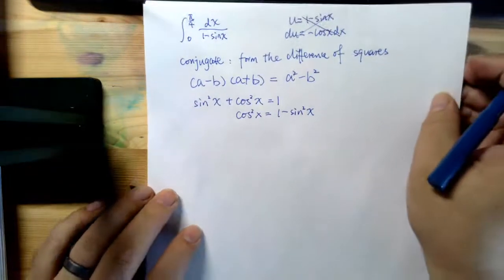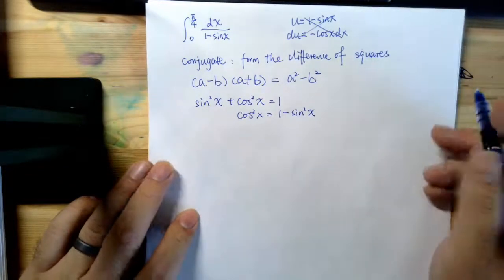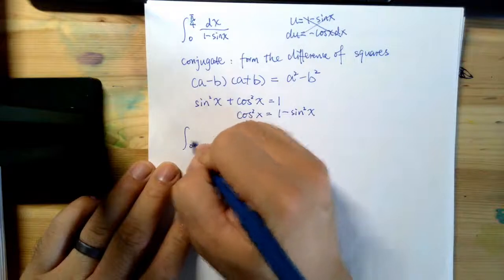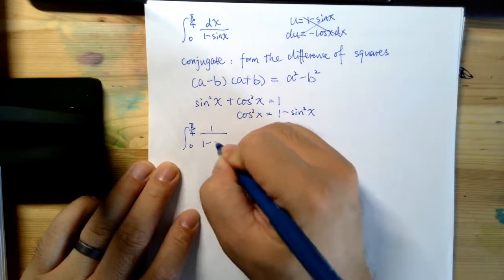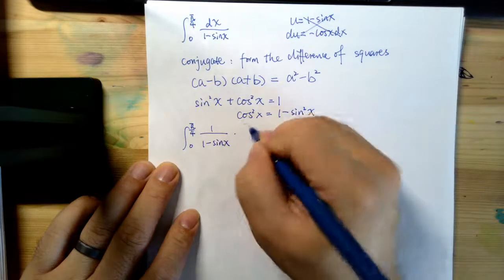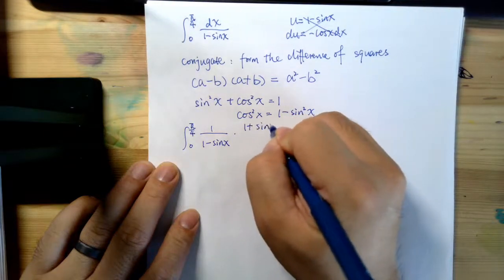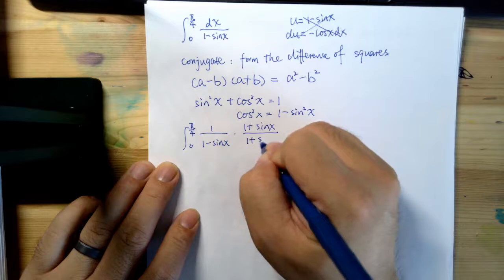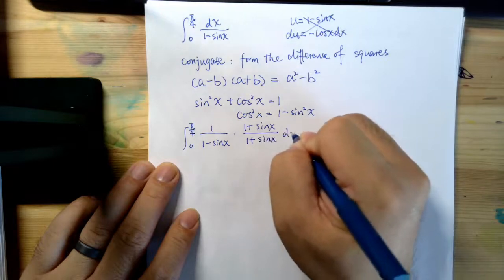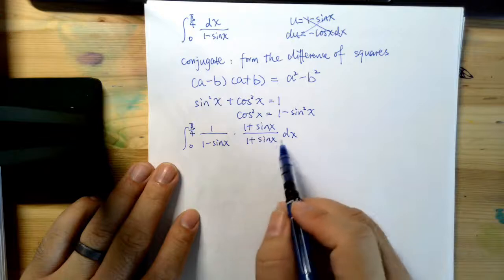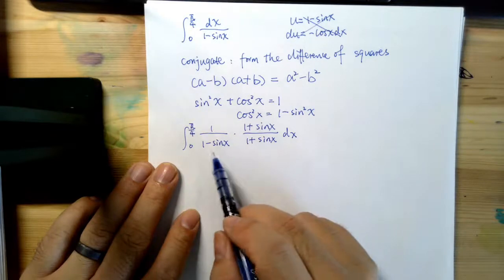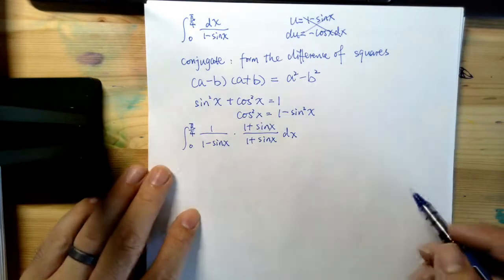So I multiply the conjugate over itself: the integral from 0 to pi over 4 of 1 over 1 minus sine x times 1 plus sine x over 1 plus sine x, and then dx. This is the conjugate over the conjugate, so it's a 1, and I did not change my problem.